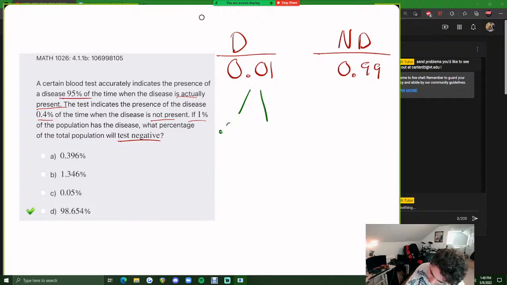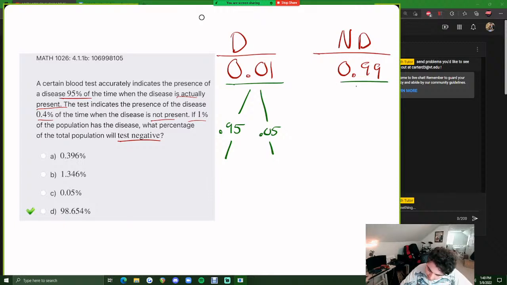So that means 0.95 should give you a true indication of the presence of the disease, which means 5% of them, it will not indicate the presence of that disease.